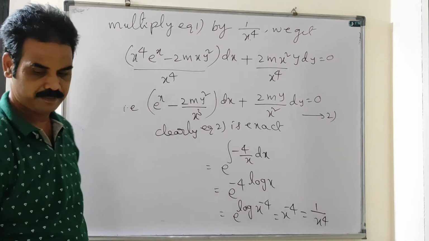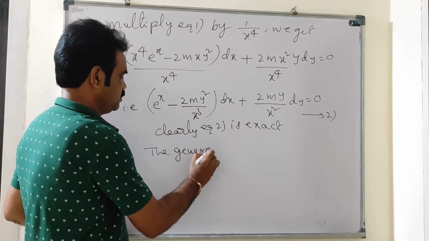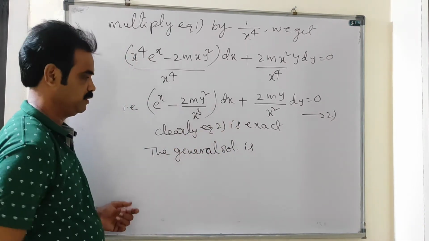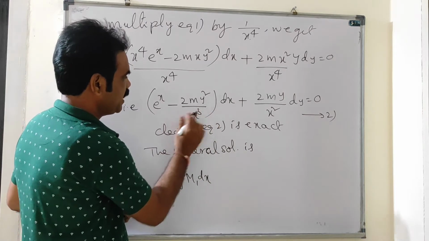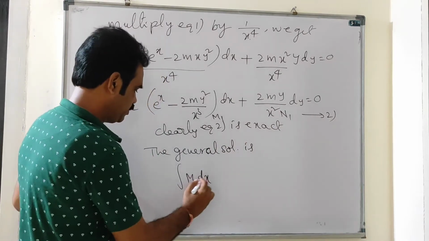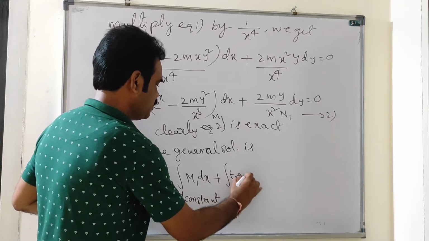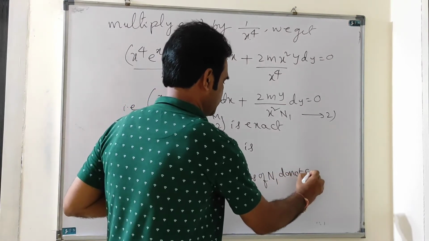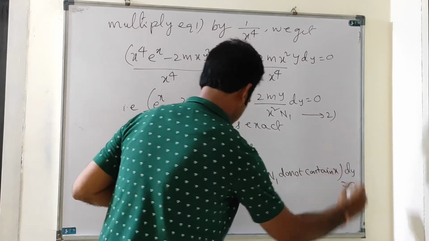Since this equation is exact, the general solution of equation 2, and hence of equation 1, is integral M1 dx, treating y constant, plus integral of the terms of N1 which do not contain x, dy, is equal to c. Here we compare this equation with M1 dx plus N1 dy.